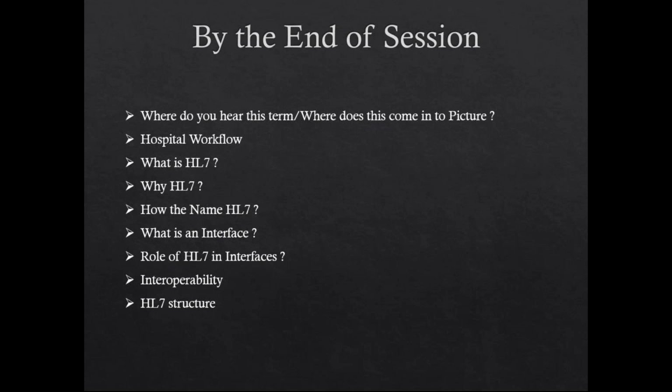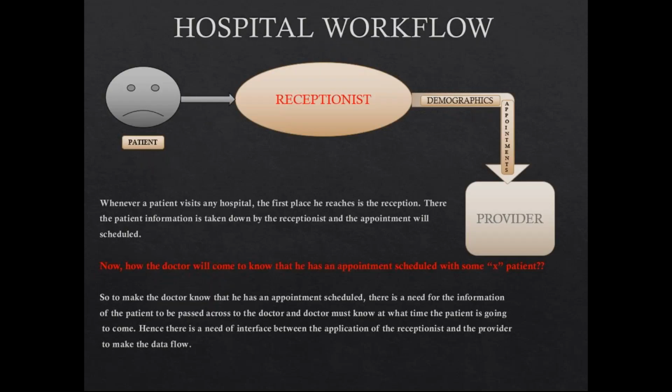What happens in a hospital here or anywhere is that the patient walks in and first meets the receptionist at the front desk and says, I am here to meet a doctor. Then the receptionist will ask the patient whether it is the first time coming or whether they have been there before.